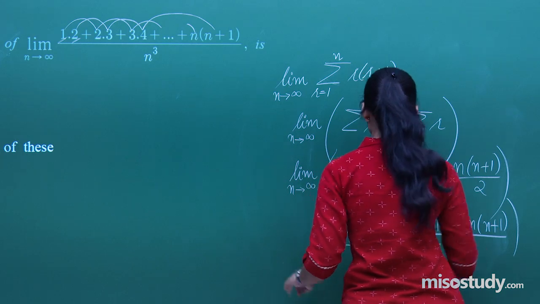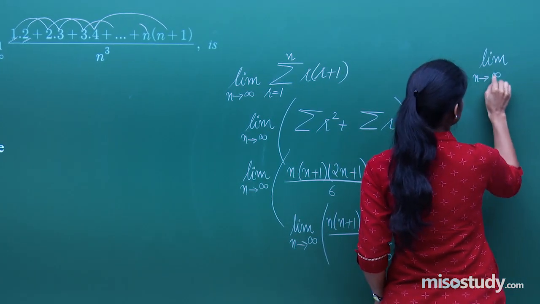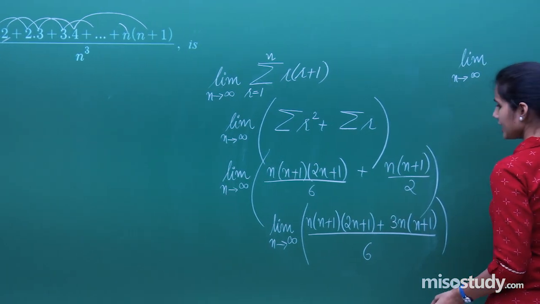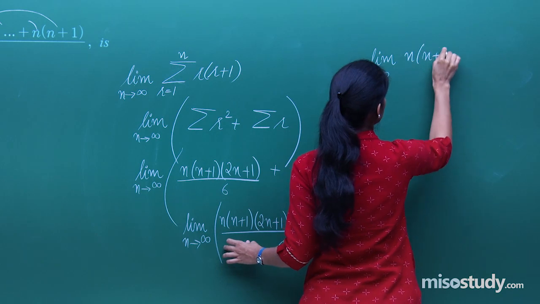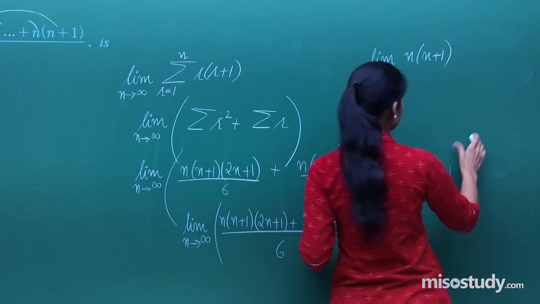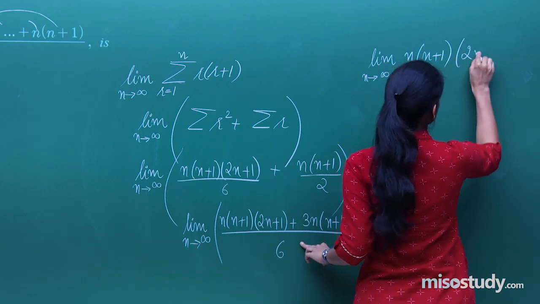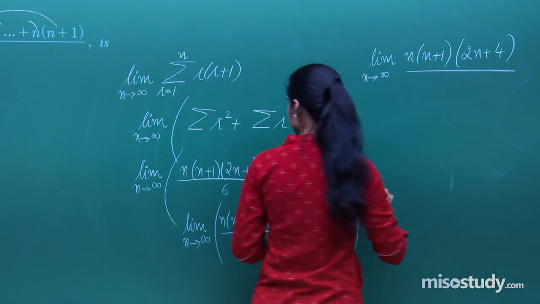Fine. So this becomes limit n tends to infinity, n into n plus 1 is going to come out common. You will be left with 2n plus 1 plus 3. 2n plus 1 plus 3 means 2n plus 4.